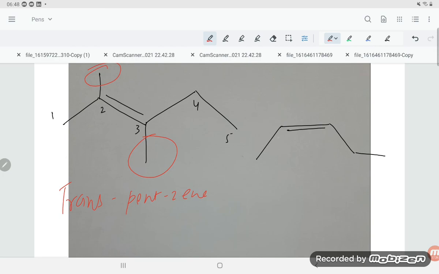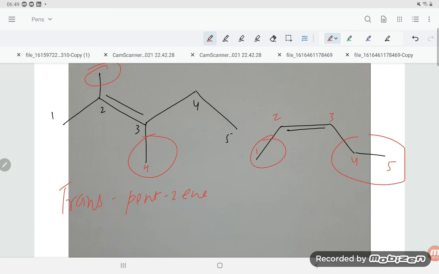But here you see the methyl group and this group are on the same side. So here numbering firstly is 1, 2, 3, this is 4, 5. Here is the hydrogen, students, not the group.